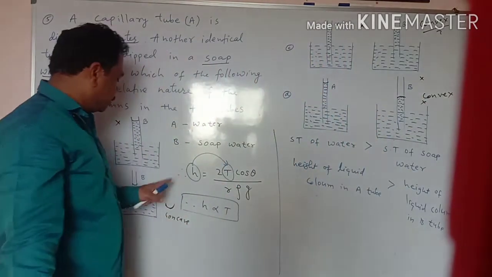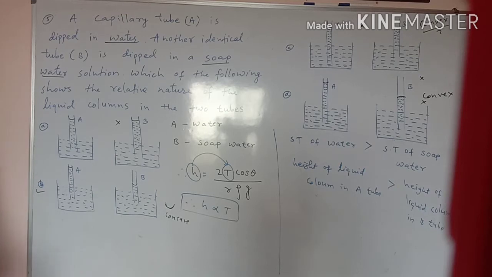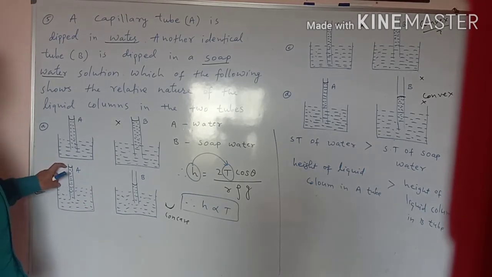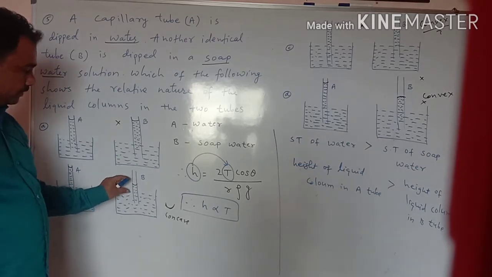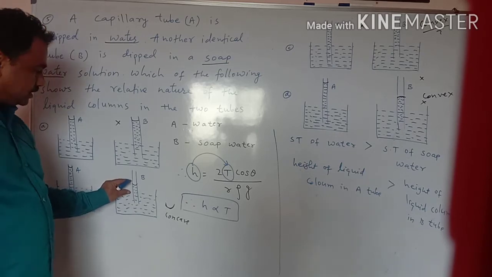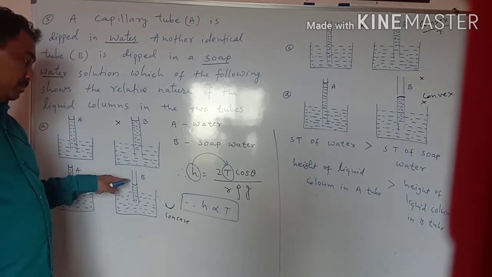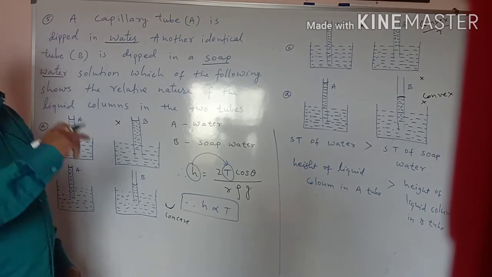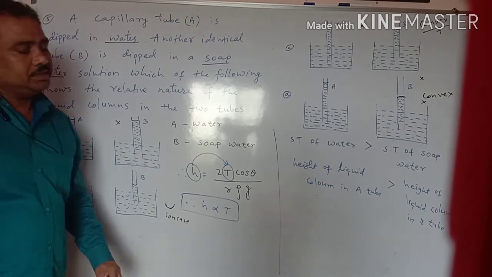The meniscus should be concave. So the second option will be correct, whereas the height of the liquid column in A is greater and the height of the liquid column of soap solution, or soap water, is less. But the meniscus should be concave. Okay, got it?